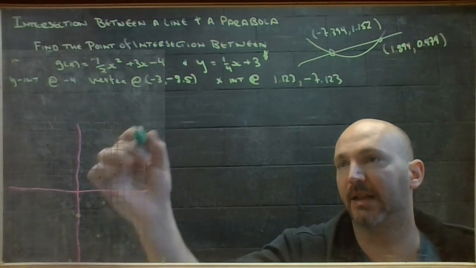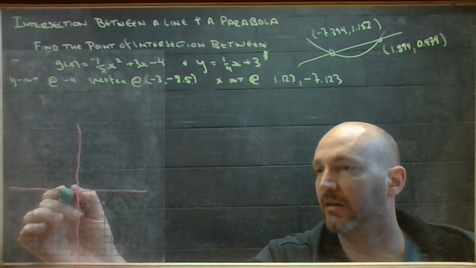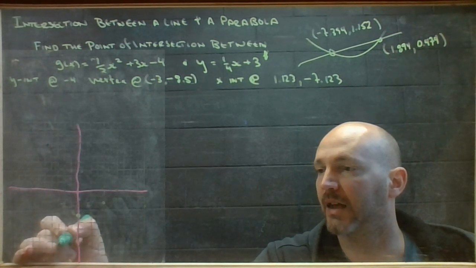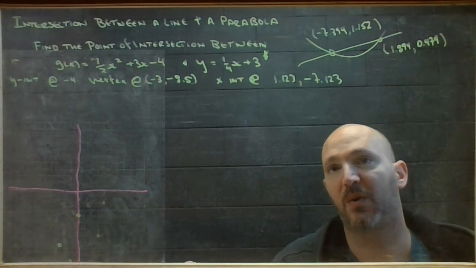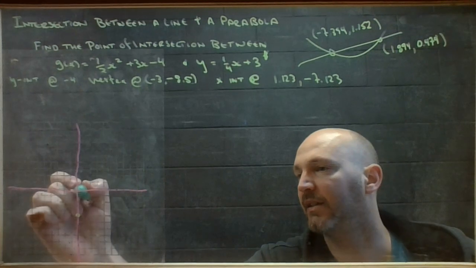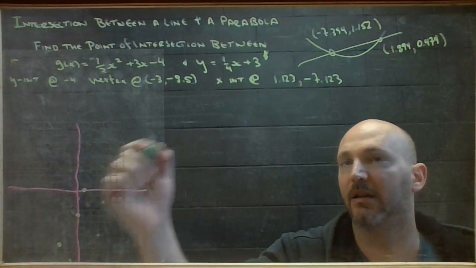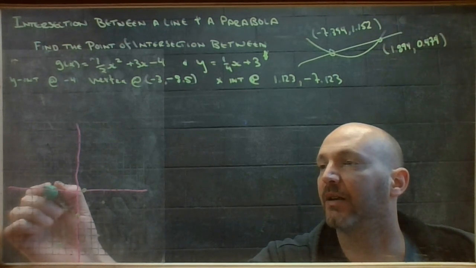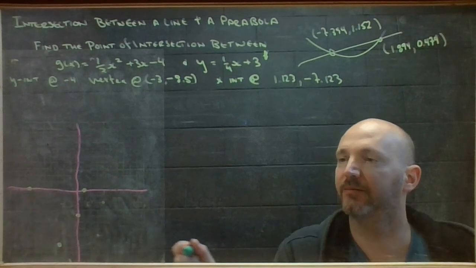And the vertex at negative 3, negative 8.5, 1, 2, 3, 1, 2, 3, 4, 5, 6, 7, 8.5. X-intercept at 1.123, well that's a little more than 1. And at negative 7.123, it's a little bit past negative 7.